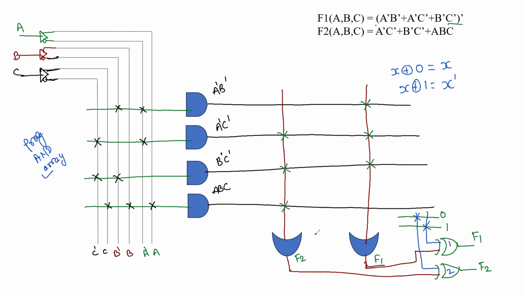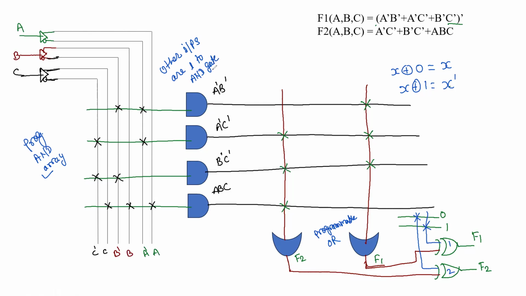And here we have the programmable OR array. Now here, which input is not connected? Since it is an AND gate, if it is a 3-pin or 4-pin AND gate, the other inputs are 1 to the AND gate.